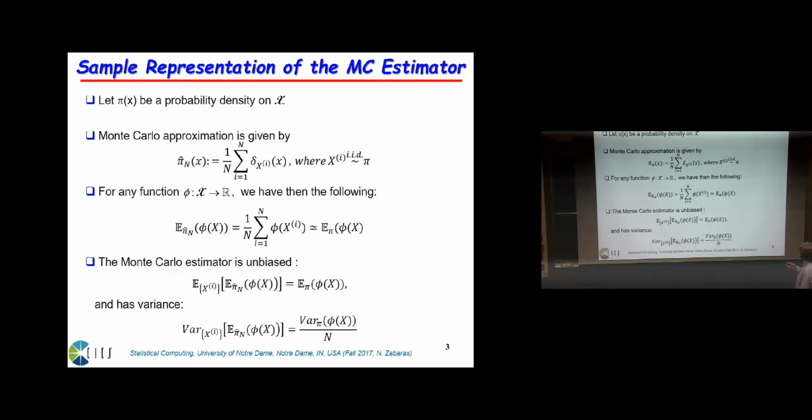The idea was to compute the expectation under this distribution pi of x, which comes from the standard Monte Carlo result to be this, an unbiased estimator of the expectation. If you take the expectation of the estimator with respect to the underlying distribution from where the data come, it equals the exact expectation. The variance is the variance of phi of x divided by n.